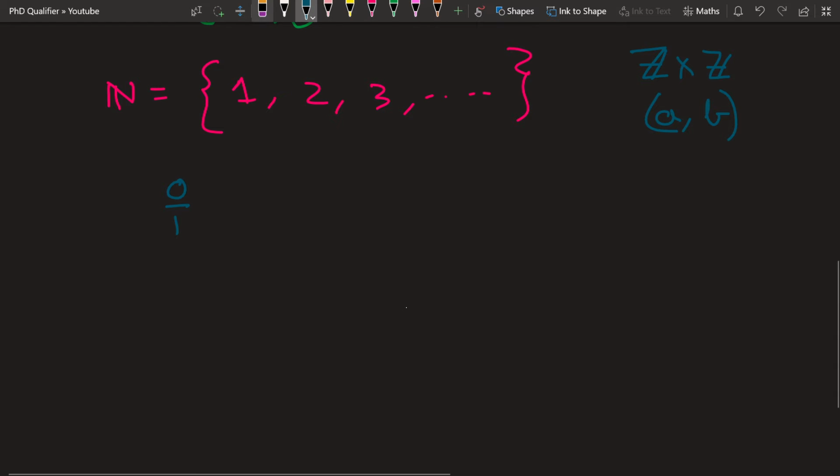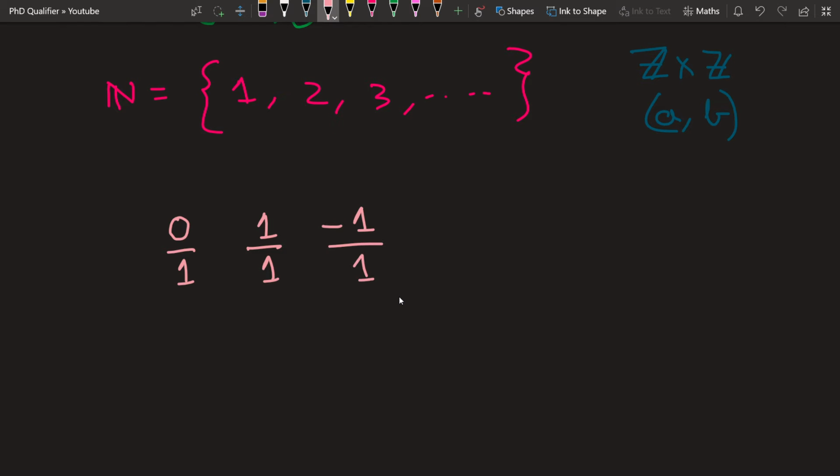So we try to write these rational numbers in the same way we wrote the Cartesian product of integers. So 0 by 1, 1 by 1 and minus 1 by 1. So you see these are all integers actually.